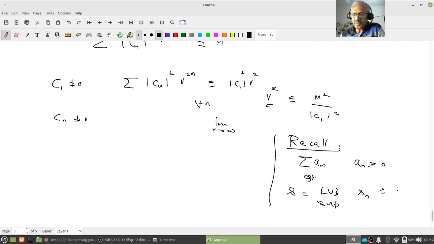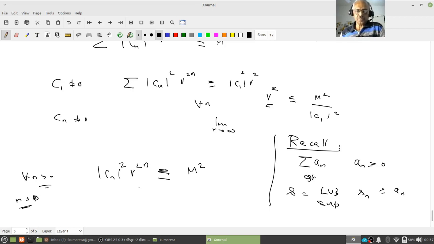Therefore, in particular, my S is greater than or equal to An. That's what I used. This sum is greater than or equal to any nth term. Therefore, mod Cn squared r to the power 2n is less than or equal to M squared. This is true for all r positive. This contradiction shows that when n is not equal to 0, then I have a problem.